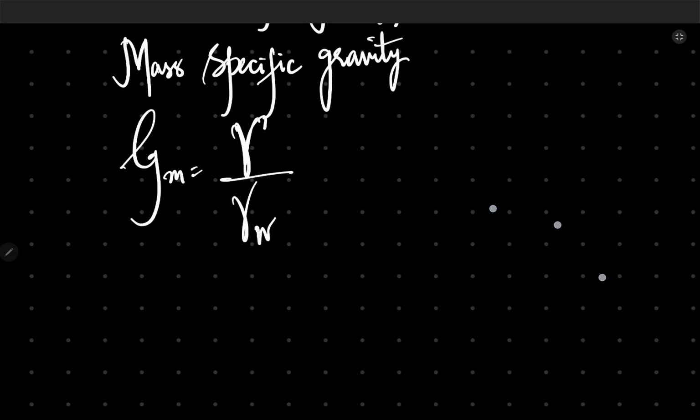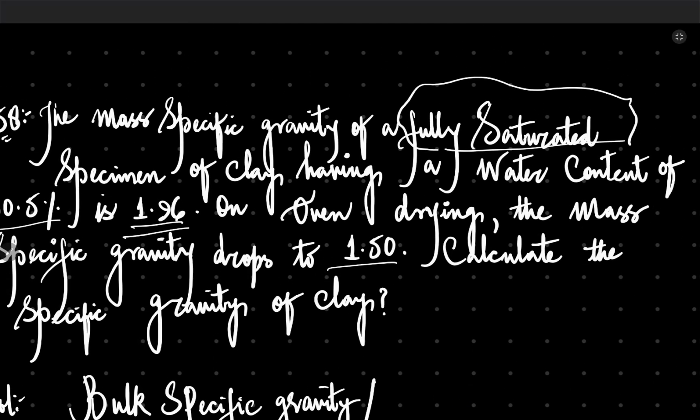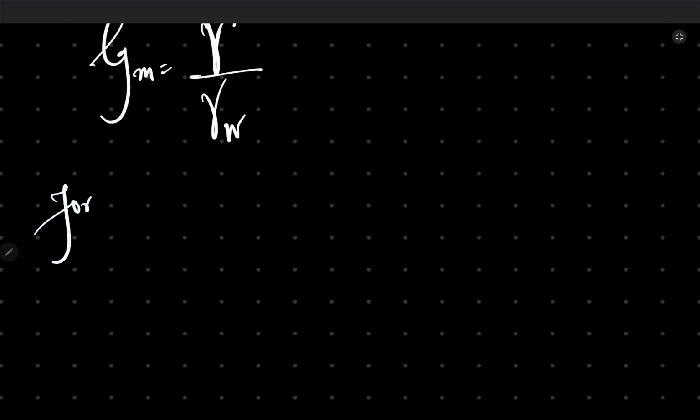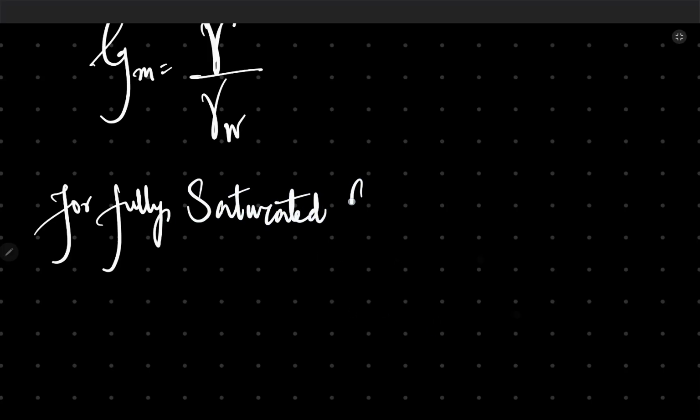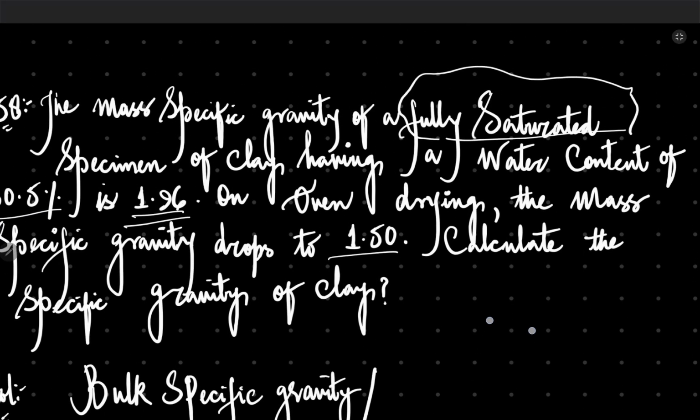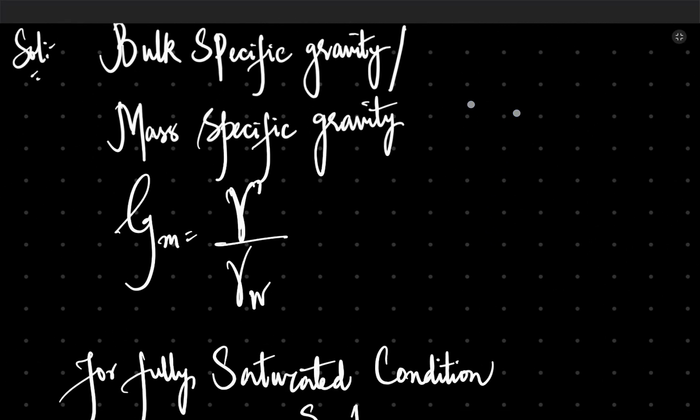All right, but here it says that it is a fully saturated soil specimen. That means for the fully saturated condition, S is 1. As per the question, the bulk specific gravity or the mass specific gravity is 1.96.